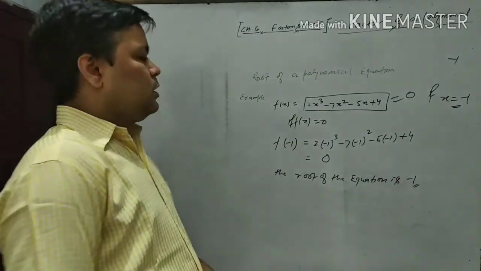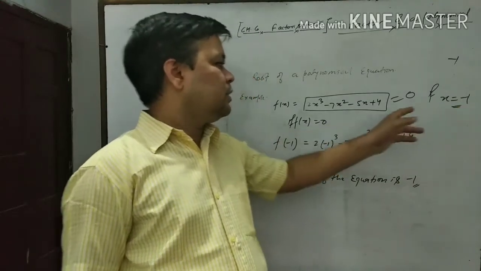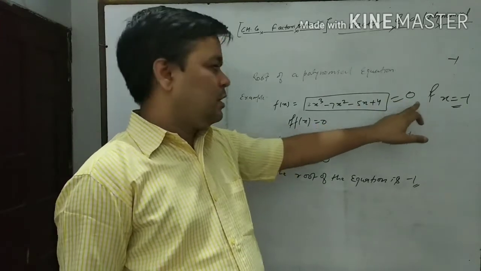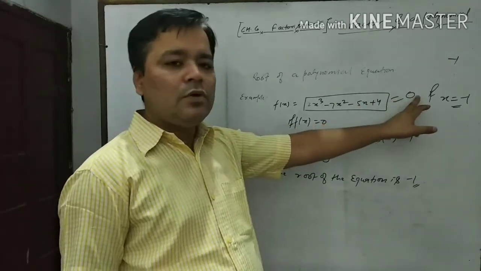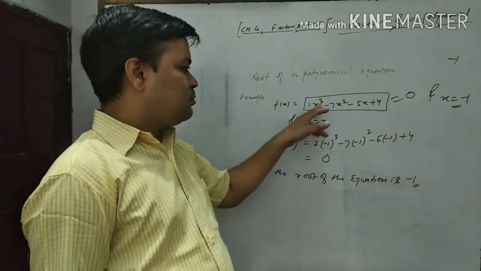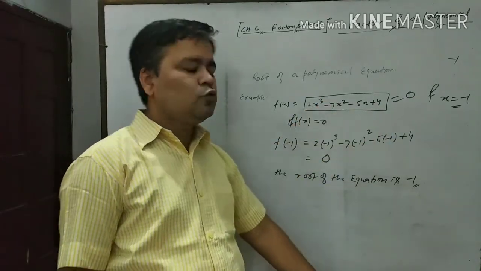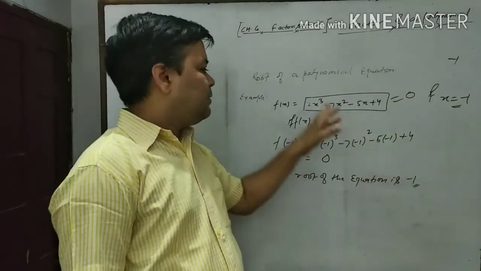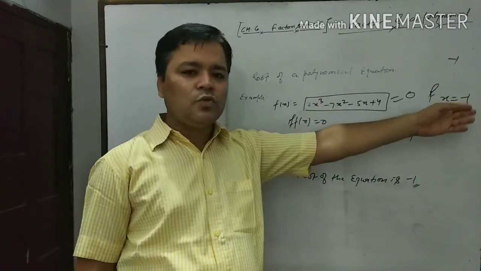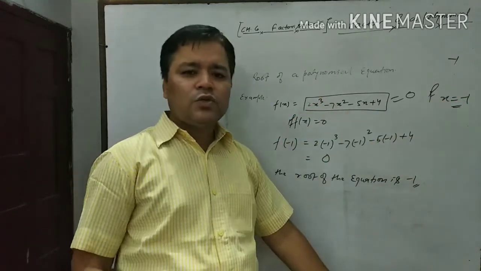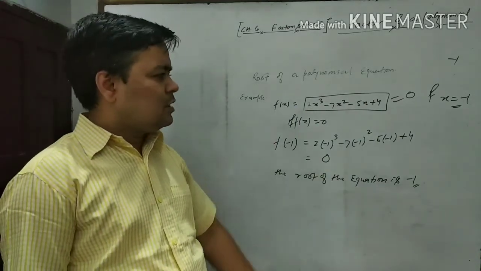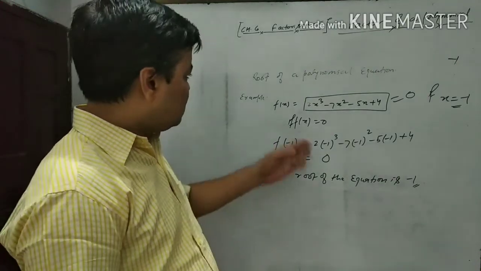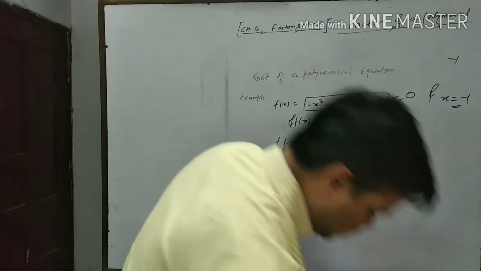Therefore, minus 1 is the root of this polynomial equation. This is an equation because at this value, its value is equal to 0. Similarly, here the maximum power is 3. We can get 2 more roots, because if the power is 1, we get one solution or root. If the power is 2, we get 2 solutions or 2 roots. Similarly, if the power is 3, we can get 2 more, but that is not in our syllabus. According to this, we can find some more roots of the given equation.